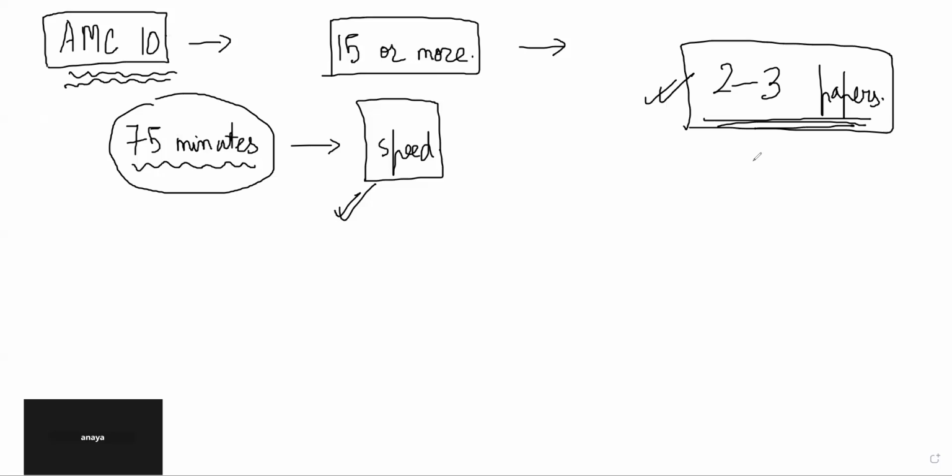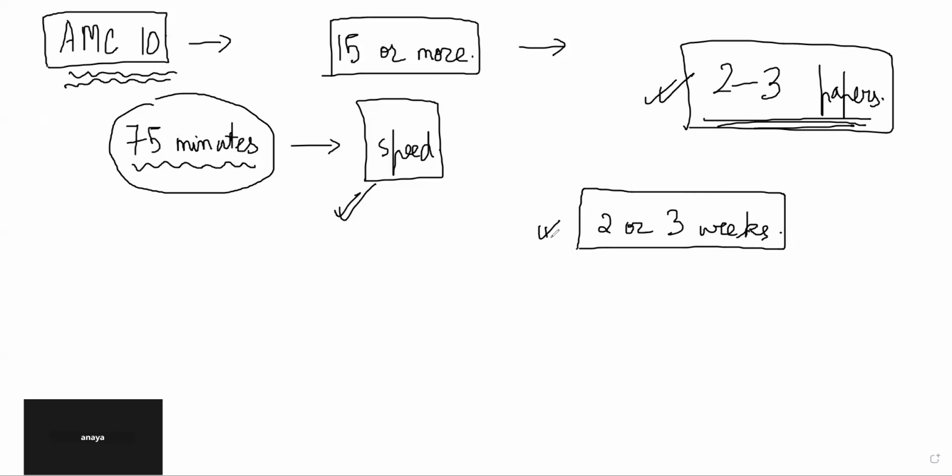We need to do this exercise for at least 2 or 3 weeks, and then we will have a much clearer picture of what exactly your strength is and what we should work on immediately. So do that, and we will analyze our results after maybe a month of practice of these actual papers.